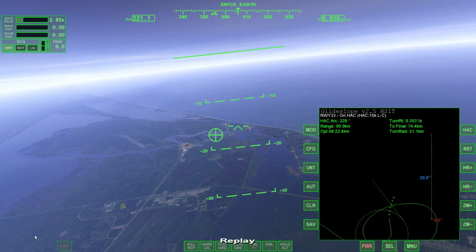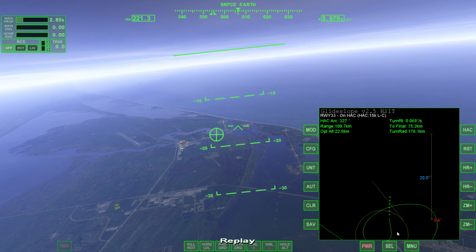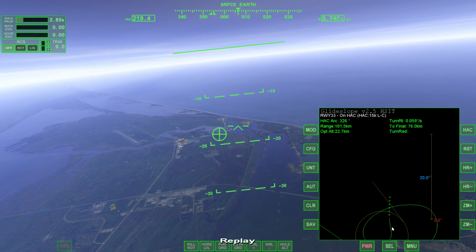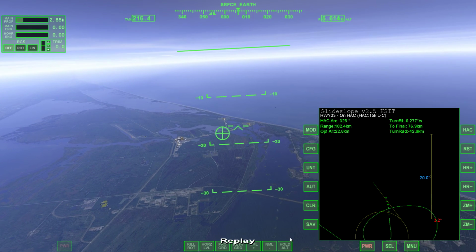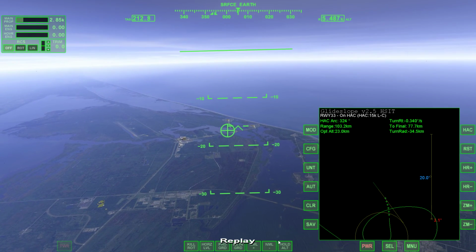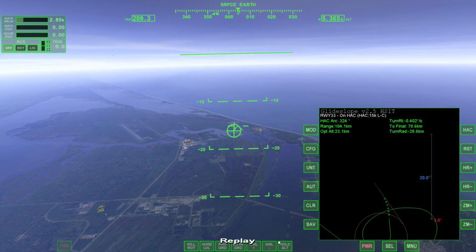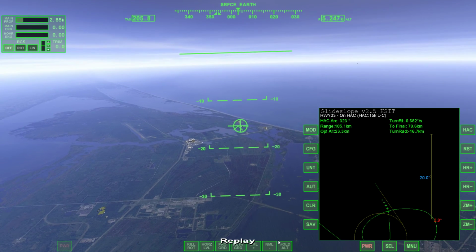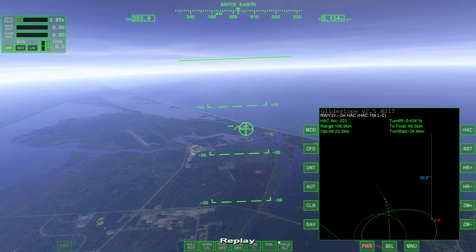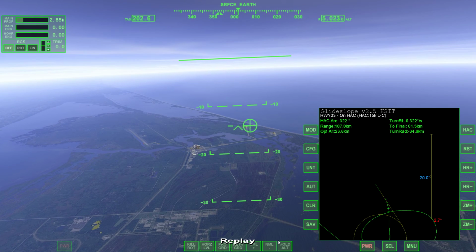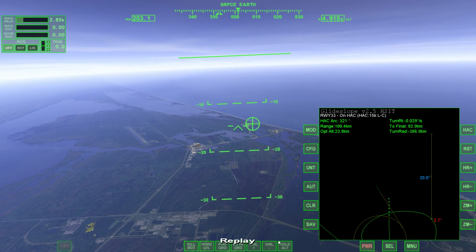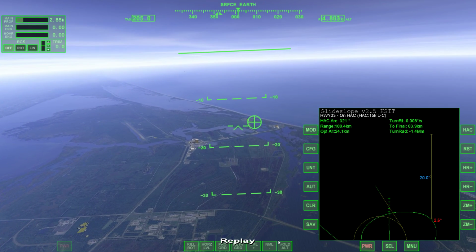Alright, that was a terrible hack turn, but you get the idea. It gave us a nice little gradual controlled descent, and now we're going to move down for a final approach to the runway. Got the vehicle assembly building ahead of us on the left there.